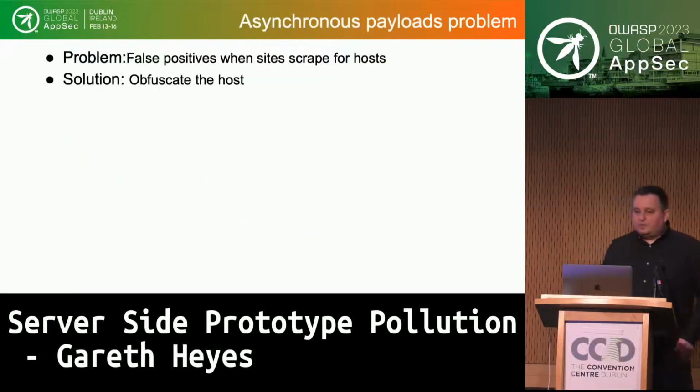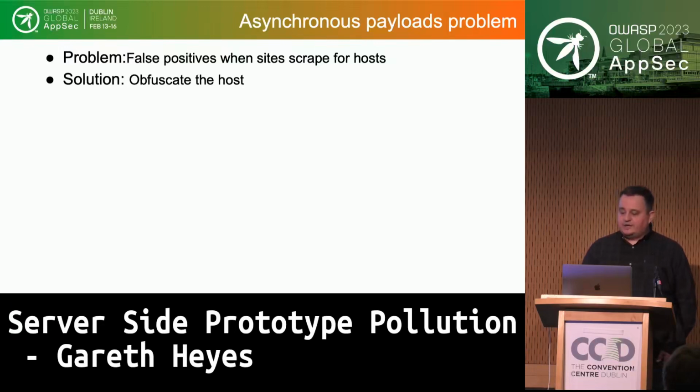The problem is you're going to get some false positives. The reason you get false positives is that some sites will scrape the host. So the solution to that is just obfuscate the host. I started to look into this. I tried all sorts of ways of obfuscating the host, including single quotes, dollar curly braces, etc., lots and lots of different ways.